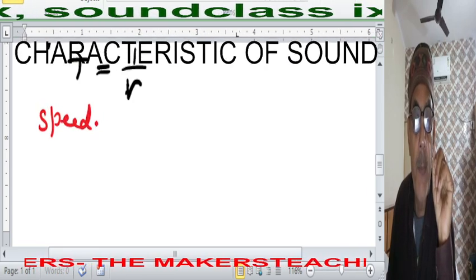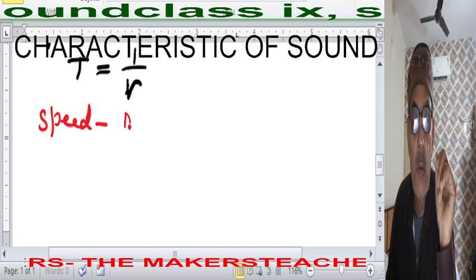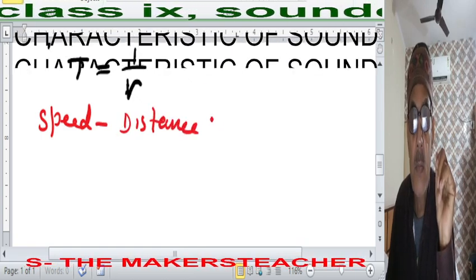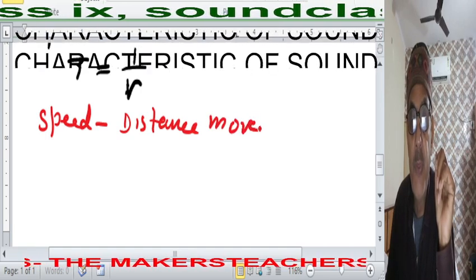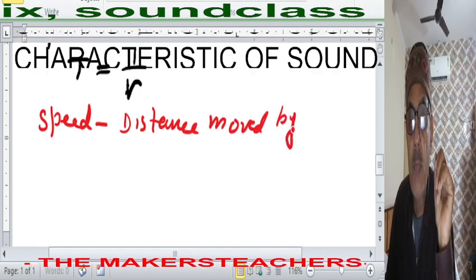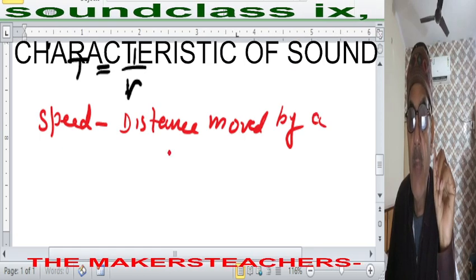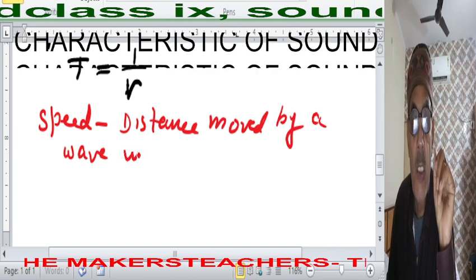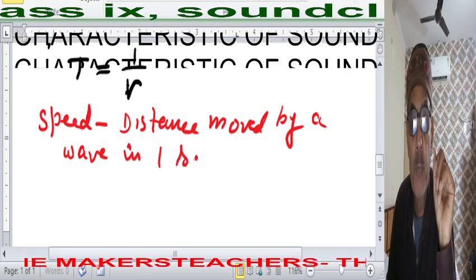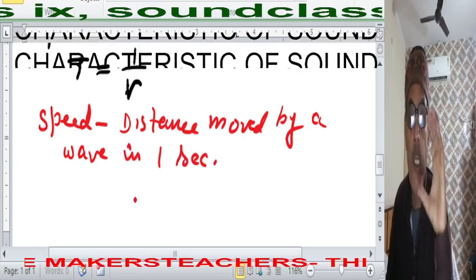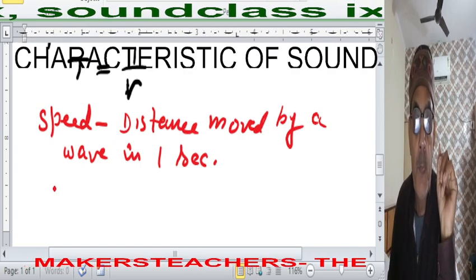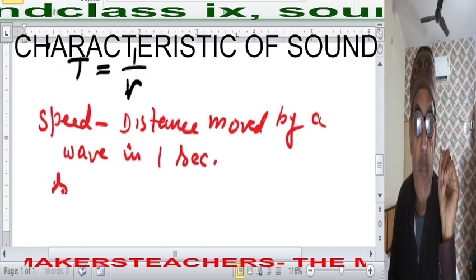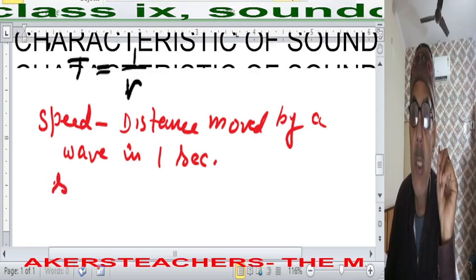Speed of wave: distance moved by a wave in 1 second. Okay, so speed we denote by v.